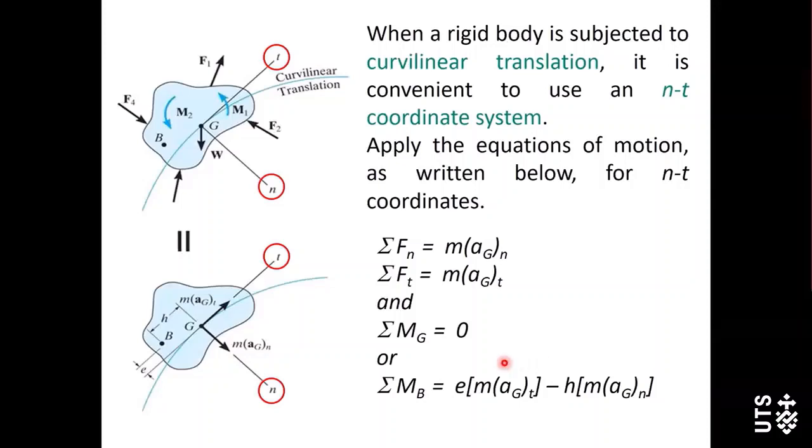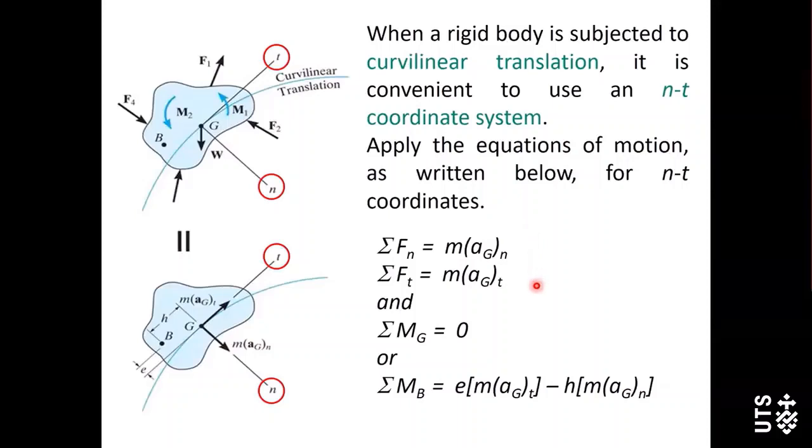For convenience, a normal-tangential coordinate system may be adopted for a problem of curvilinear translation or rotation about a fixed axis. And here you can see we use the normal-tangential coordinate system to deal with a problem of curvilinear translation.